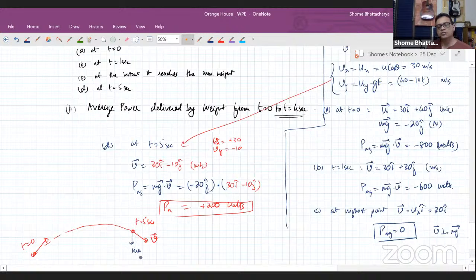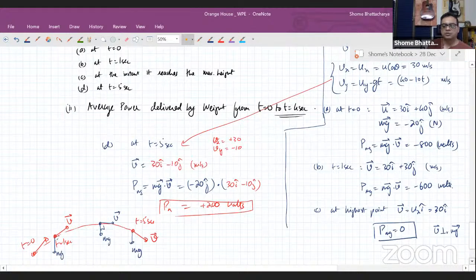So you can see the dot product will be positive. Whereas, for example, at t equal to 1 second, or somewhere over here like this, the velocity and gravitational force were at an obtuse angle. So the power was negative. At the highest point, the velocity was perpendicular to the gravitational force. So the power was 0. Okay. So anyway, that is this part.